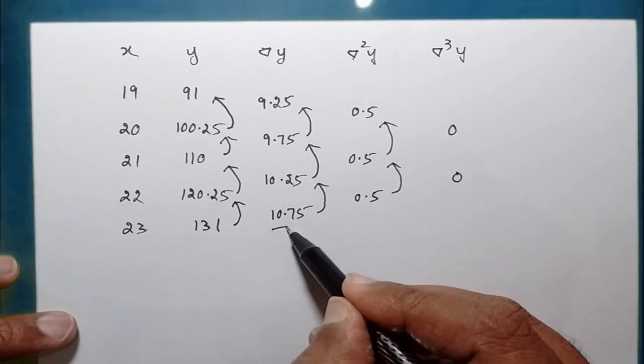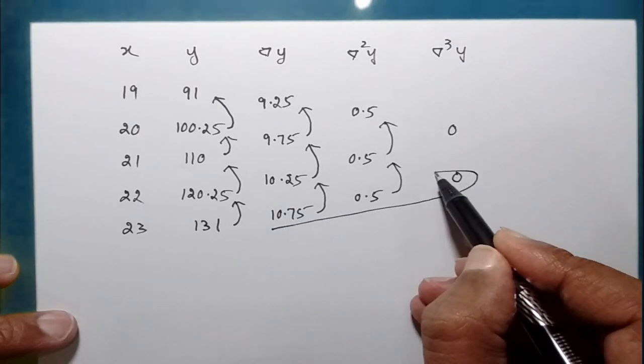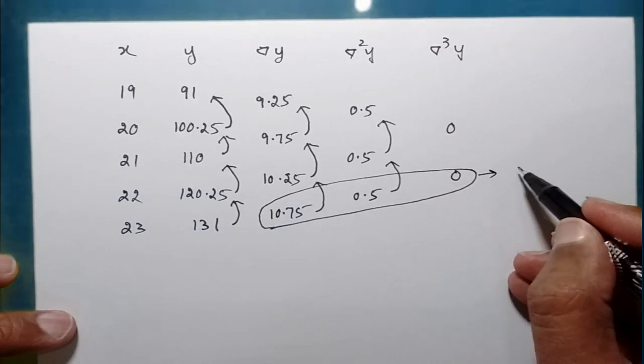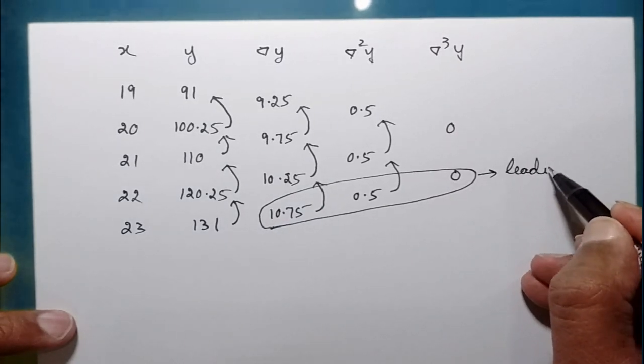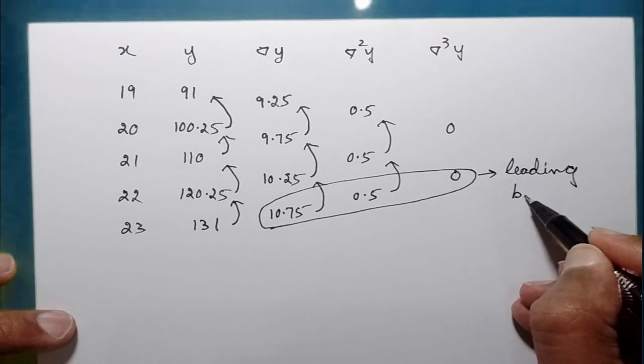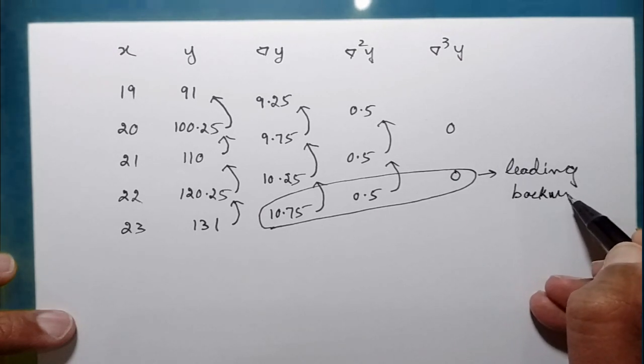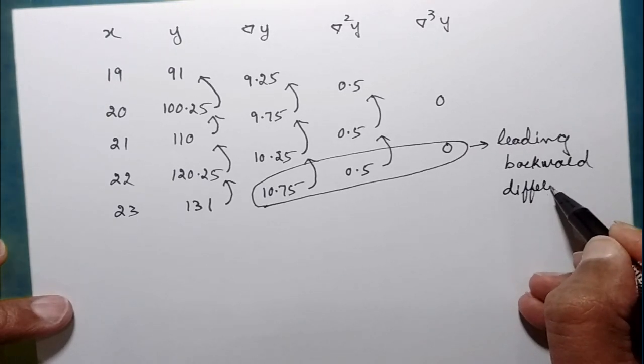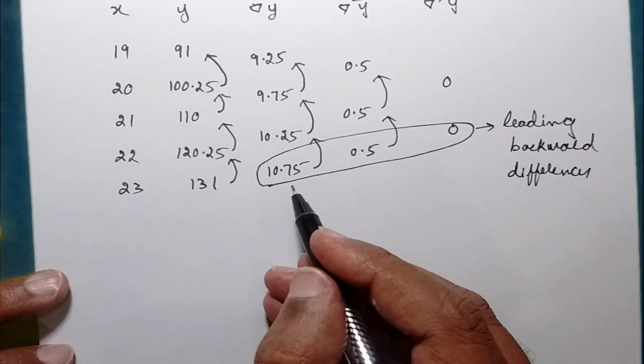Now these final values that are there correspond to the leading backward differences. So what do these correspond to?